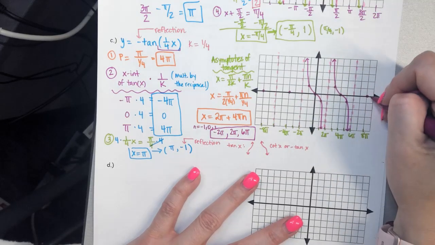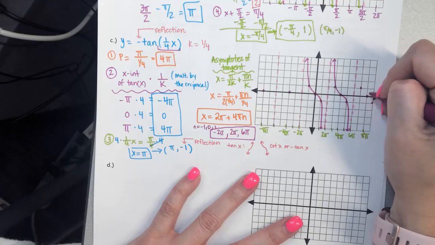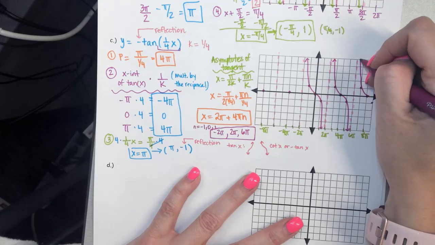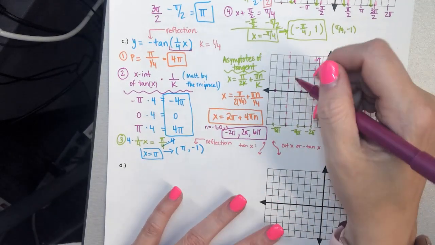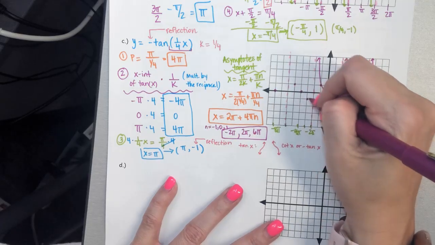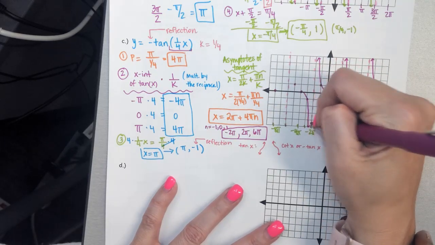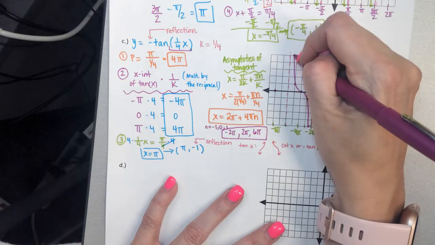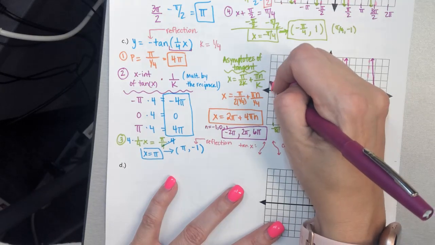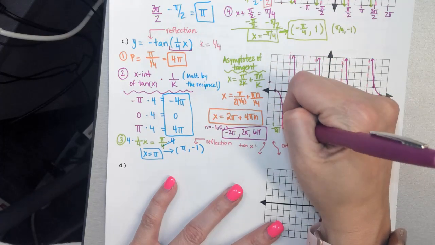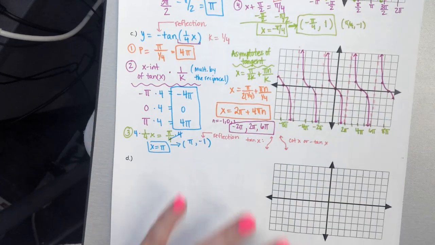Okay, and then remember, this is tangent, but because of the reflection, it does look like a cotangent here. Okay, and we can still get all of our points in there.